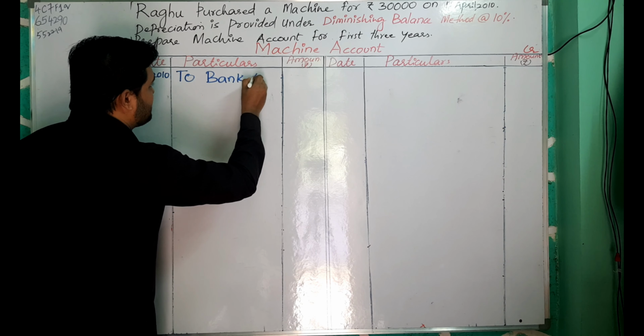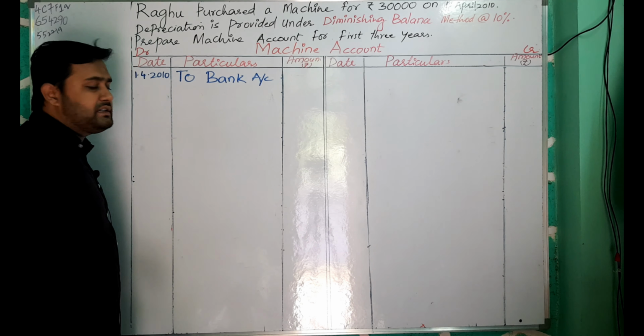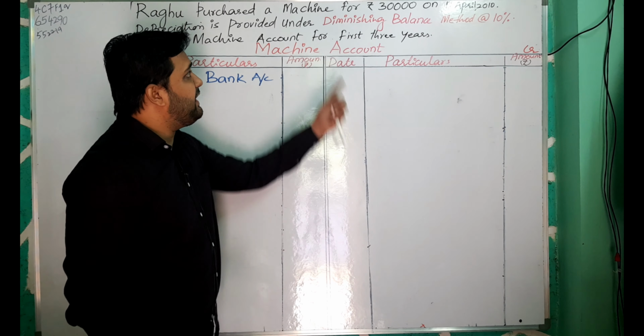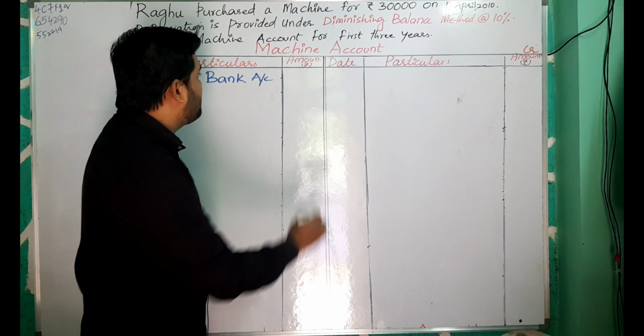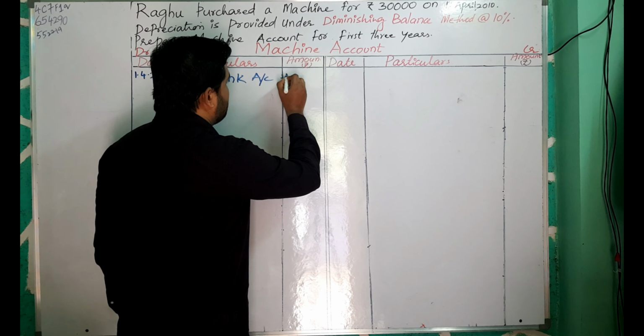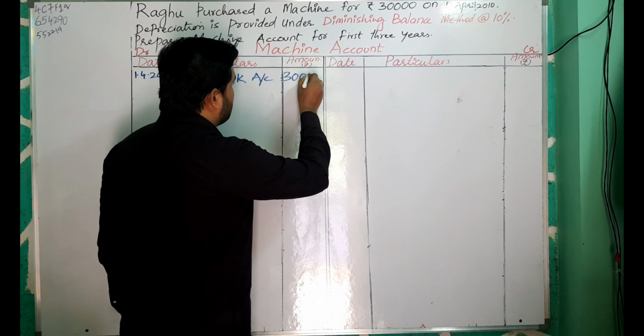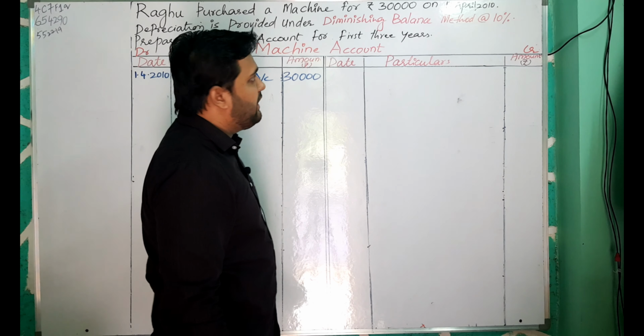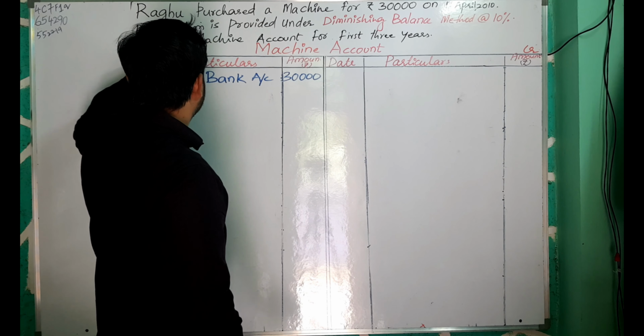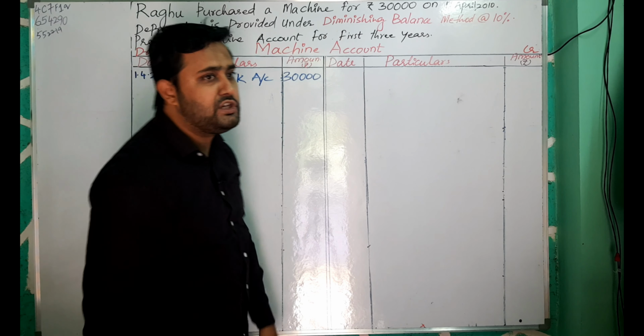When you purchase an asset, you need to write to bank account because you are paying 30,000 for that particular asset. The amount is 30,000.